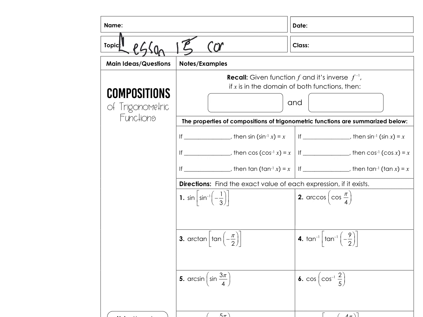Composition of trig functions. Composition means to put two functions together.